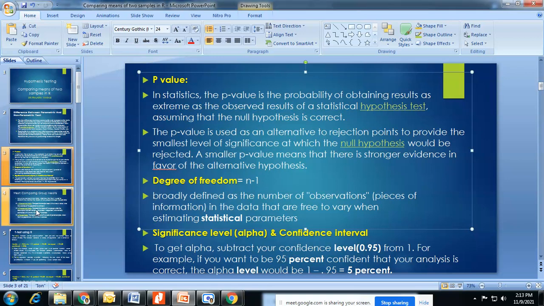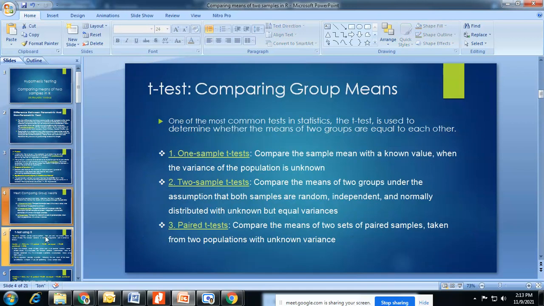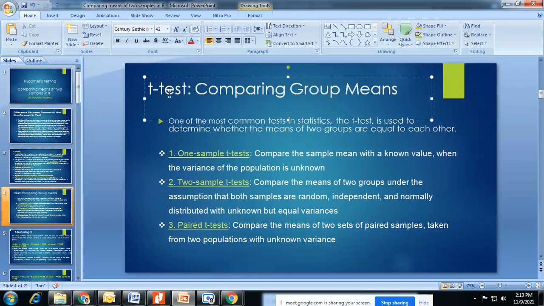Now we will look into some of the tests. There is a very simple test that we are going to see today, that is called the t test. The t test is nothing but comparing the group means. Suppose there can be a single group, or there can be two groups involved in the study.